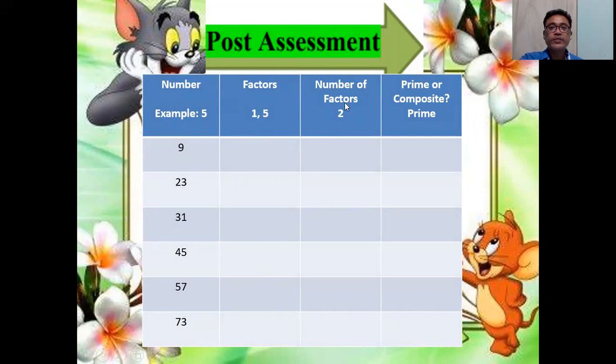The number of factors, okay, count 1, 2. So there are 2 factors. And the answer: is 5 prime or composite? So the answer is prime. Why prime? Because it has only 2 factors. You may start now.